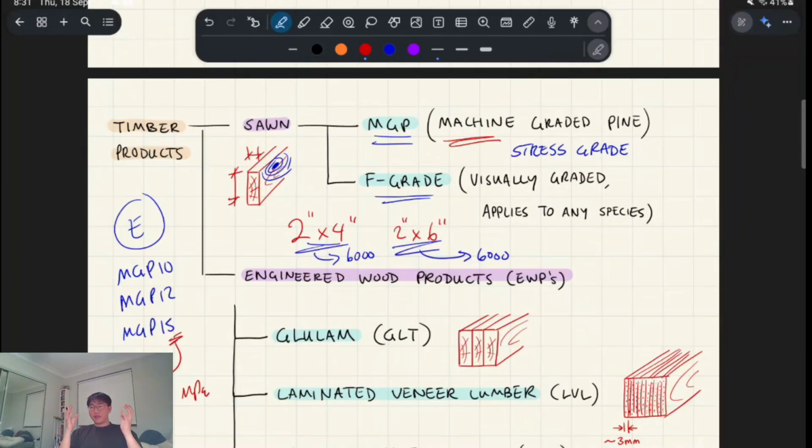So MGP is very much pine. What is pine firstly? Pine is a fast-growing type of tree, grown on sustainable farms. One problem with timber is that trees can take a very long time to grow, maybe up to 20, 30 years to mature, depending on the type of tree.